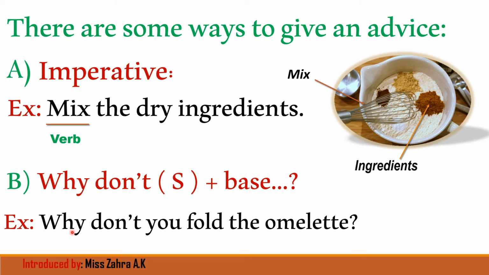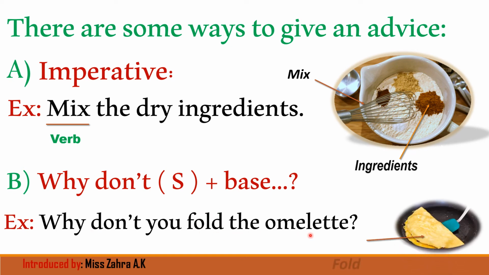Such as why don't، هذا أسلوب مباشرة. Why don't السبجكت هو you، why don't you، بعدها base verb فعل مصدر مجرد خالي من أي إضافة fold. Why don't you fold the omelette؟ We see here fold يطوي the omelette عجة البيض.